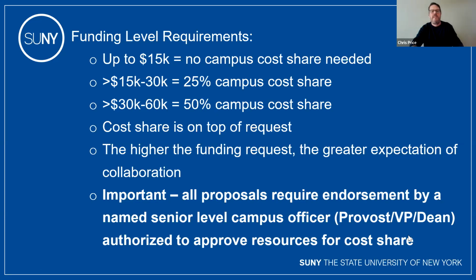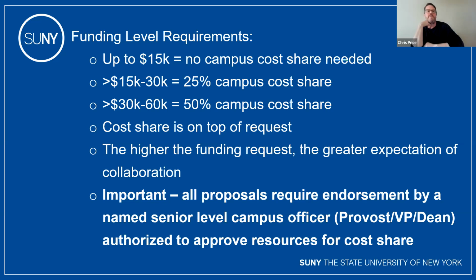So like I said, up to $15,000, your campus does not need to cover any costs beyond that. If you're asking for more than 15, but up to 30, we request a 25% campus cost share.